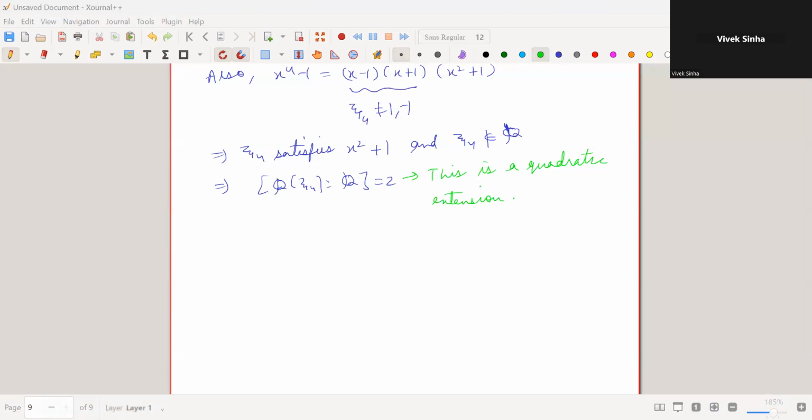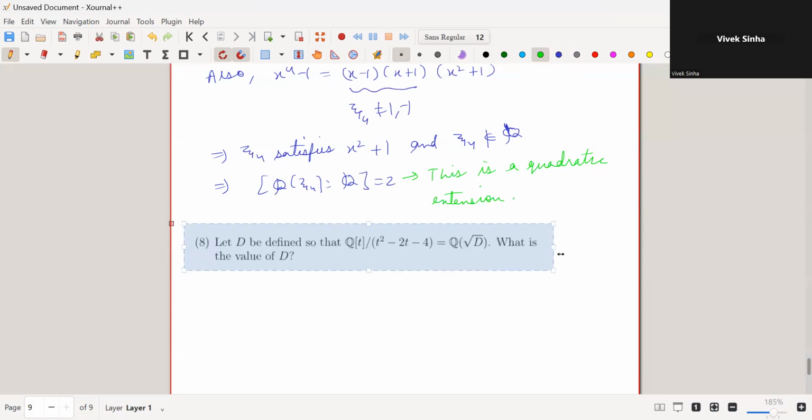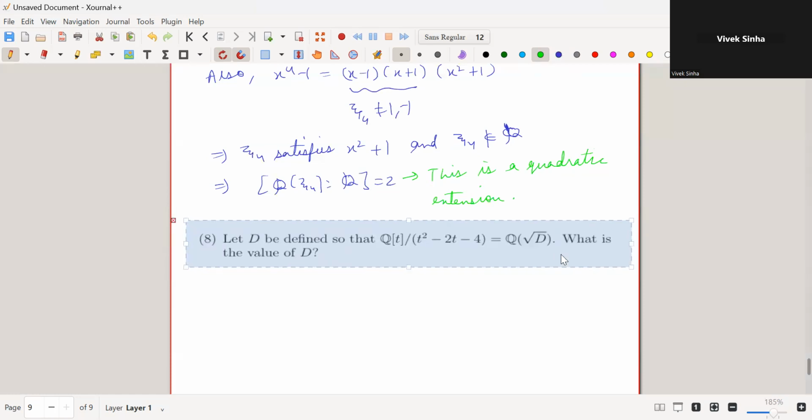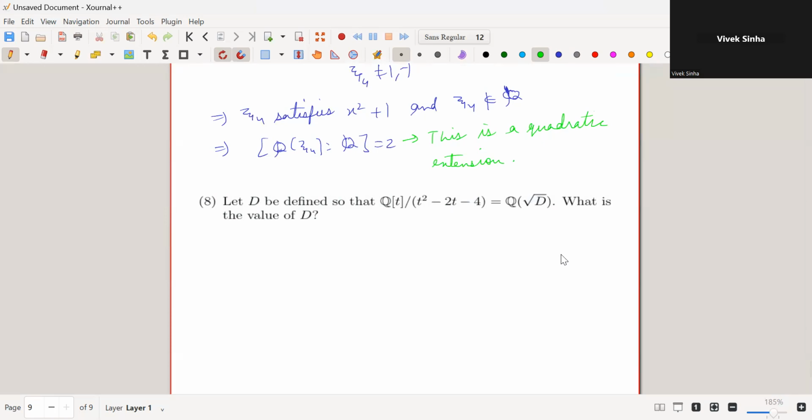It says, let D be defined so that Q[t] modulo t square minus 2t minus 4 is Q(root of t). What is the value of t? So that D was the discriminant.